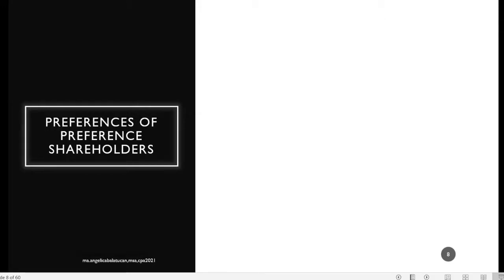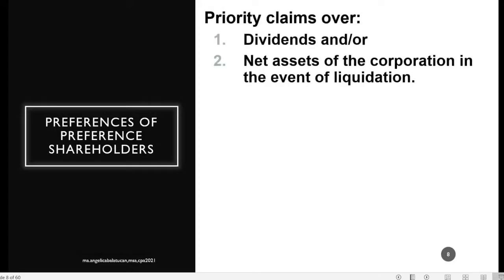Now let's go to the preference shares. And what would be the preferences or the priority of the preference shareholders? So the preference shares are shares that give the holders certain preferences over other shareholders. That would include priority claims over dividends and net assets of the corporation in the event of liquidation.